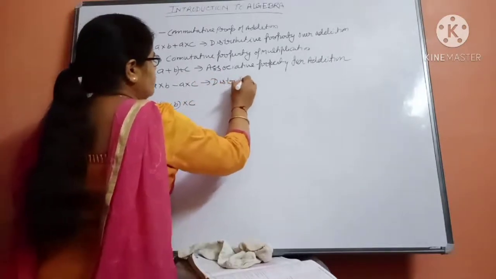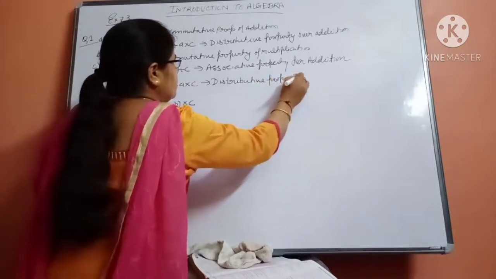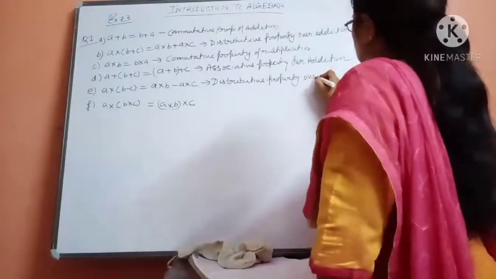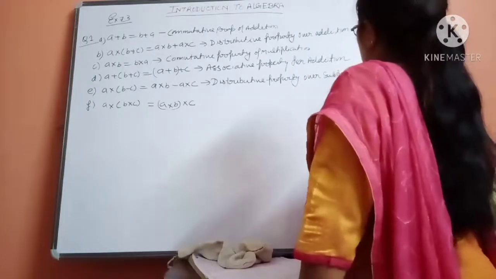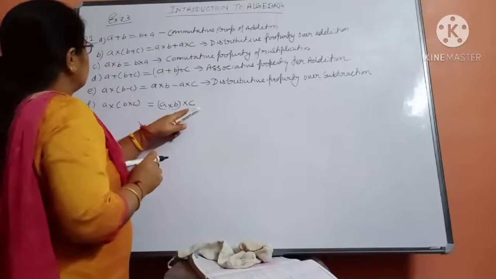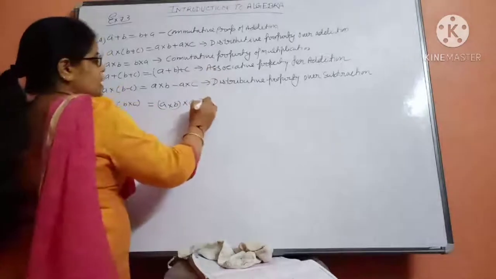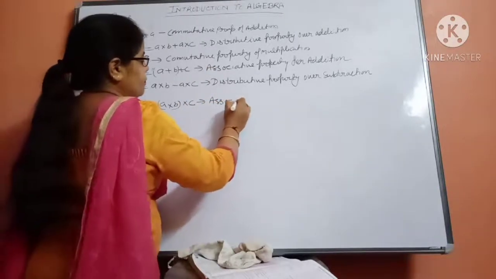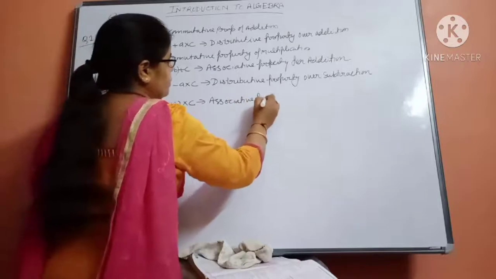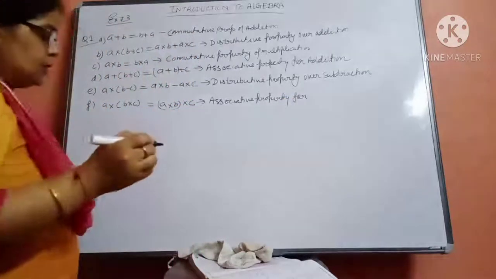And the last one, (a into b) into c is equal to a into (b into c). You can see that this is the same as that, only multiplication is there. So what is this? Associative property for multiplication.